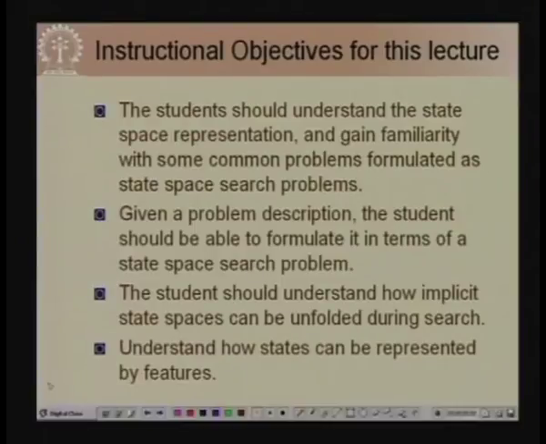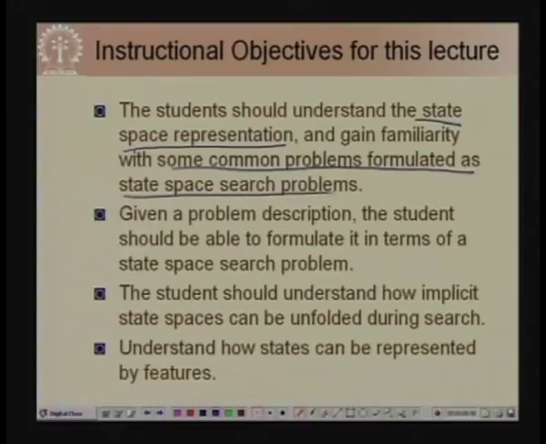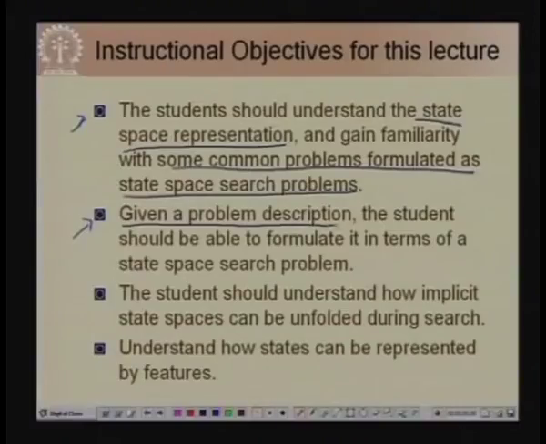At the end of today's lecture, the student should understand the state space representation and gain familiarity with some common problems which can be formulated as state space search problems. The second objective is, after the student has taken this course, he should have this capability: given a problem description, he should be able to formulate it in terms of a state space search problem.